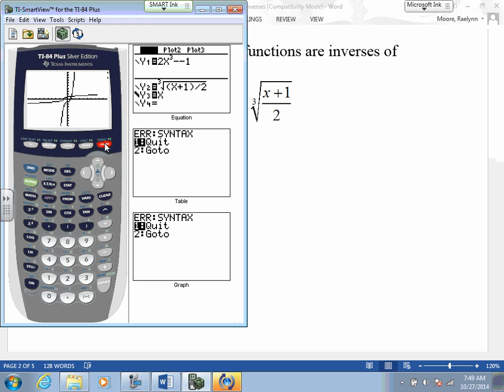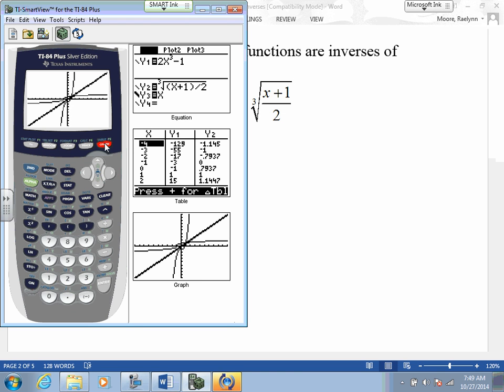And here comes my line y equals x, smack in the middle. Can you see the reflection over the line y equals x? These guys reflect. X and y interchange. Take a look at your table. For -1, -3, if we see -3, we should see -1. There's your inverse.